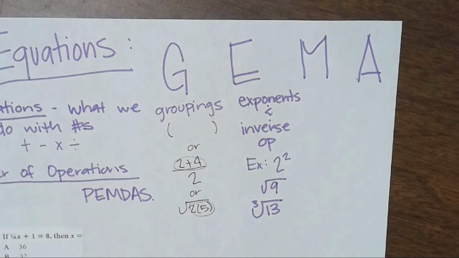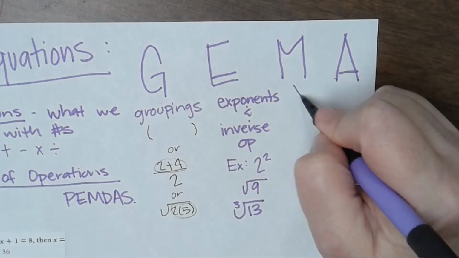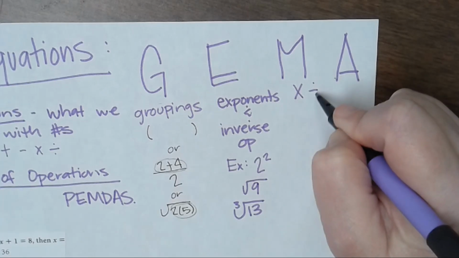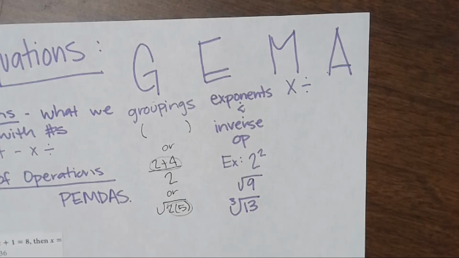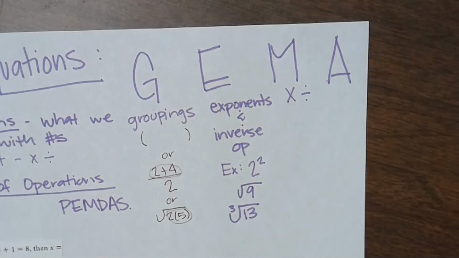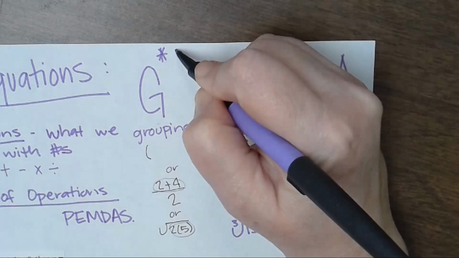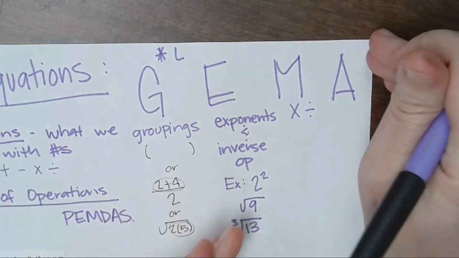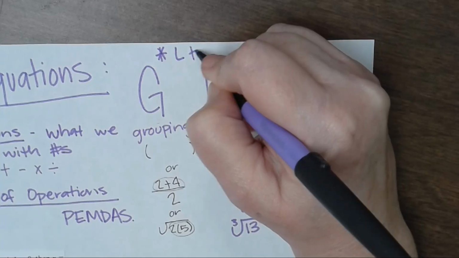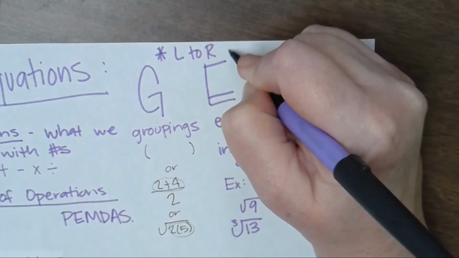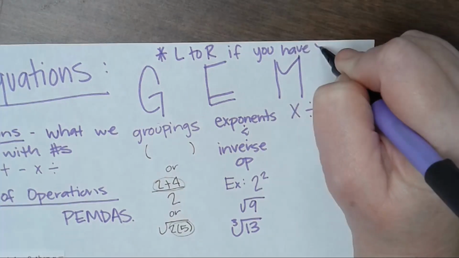So once we get through our exponents, the M, this one's pretty easy, stands for multiplication and division. So multiplication and division being inverse operations. But what if you have more than one of those? You need to understand that every single one of these separate operations, you are going to solve left to right if you have more than one in a step.